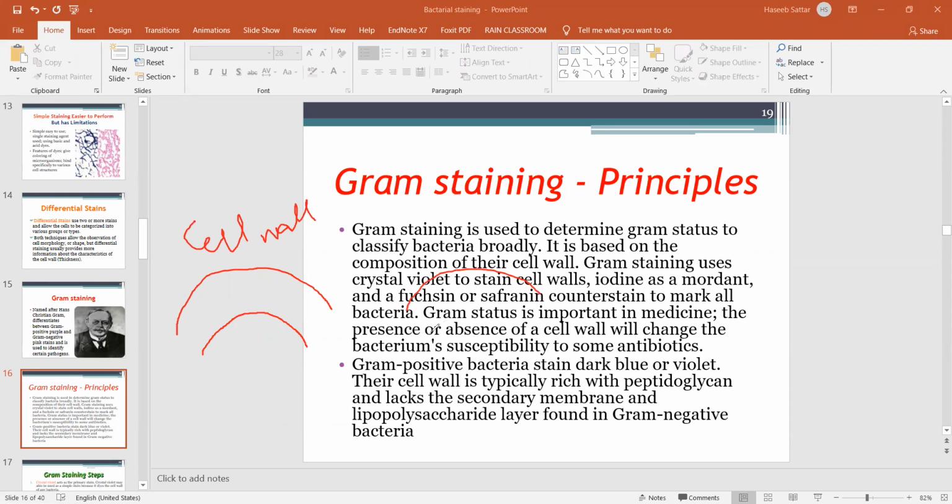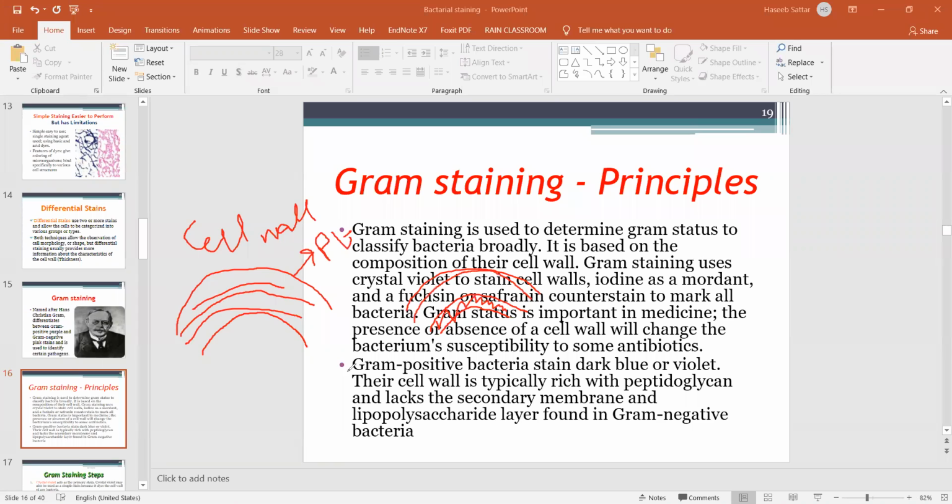So what is the difference between gram positive and gram negative bacterial cell walls? Sir, one is thicker and one is thinner in gram-negative bacteria. Yes, very good. The cell wall of a gram-positive bacterium is multilayered and rich with peptidoglycan units, while the gram-negative cell wall is thin, single layered, and it also has an outer membrane.